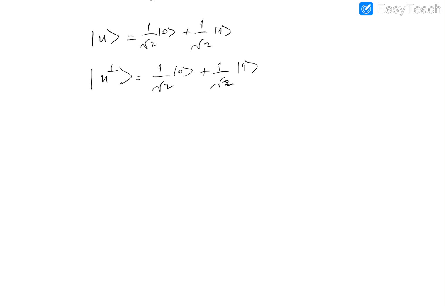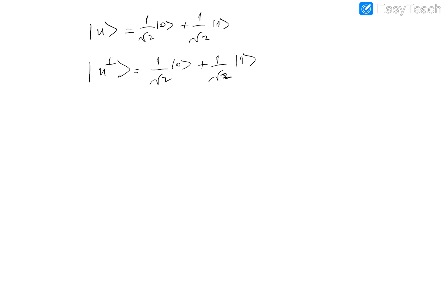Now if we draw these vectors on a two-dimensional plane, so this is ket 1. Let's suppose that this axis represents ket 0. So u is simply this vector, which makes a 45-degree angle, pi over 4.